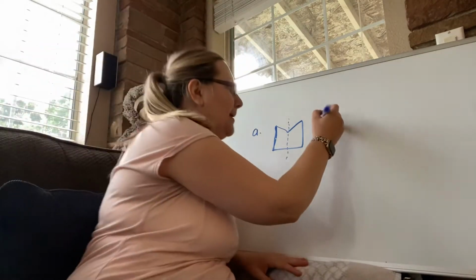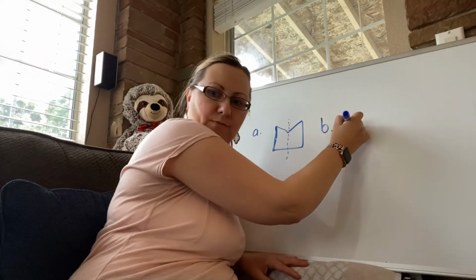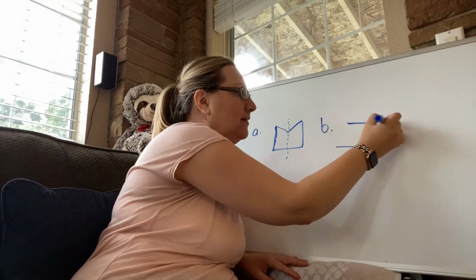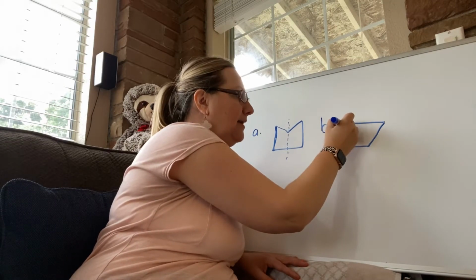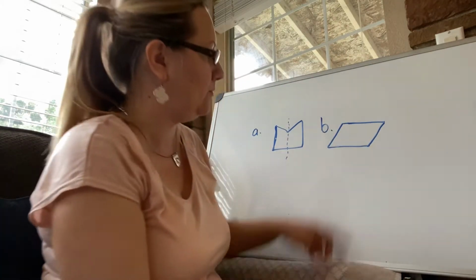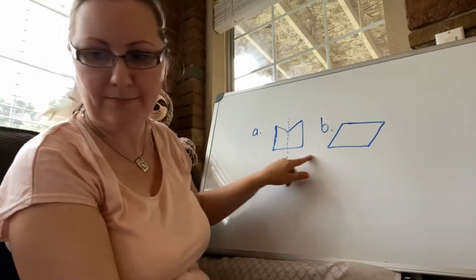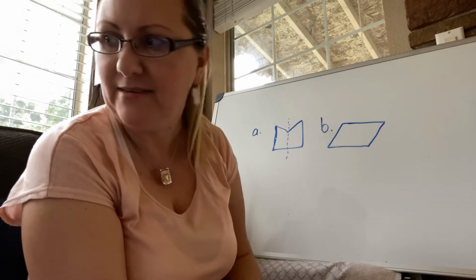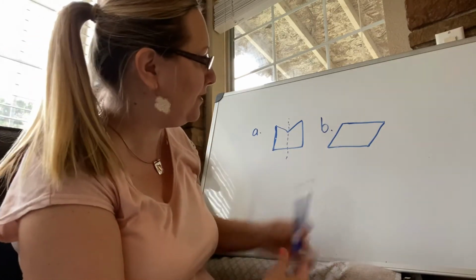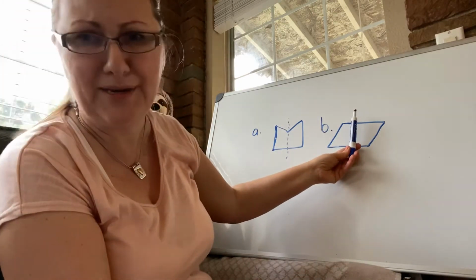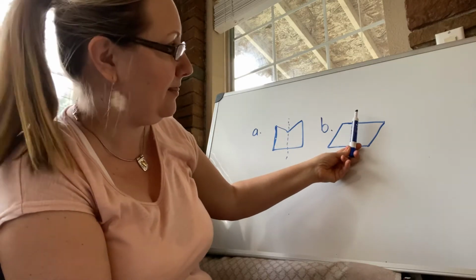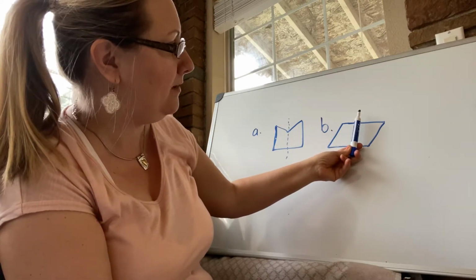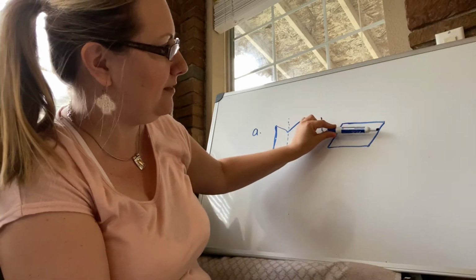Now let's look at B. We have two lines, something like this, where this corner goes out further and the bottom left corner goes out further. And if you think about drawing a line of symmetry, if you were to do it straight up and down, that would not work. If you were to do it this direction, that would not work.